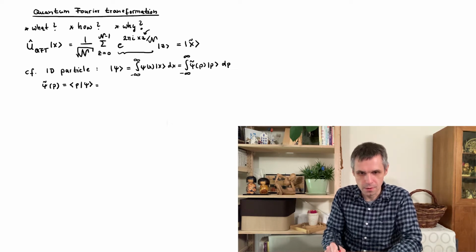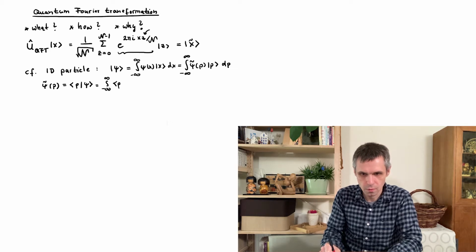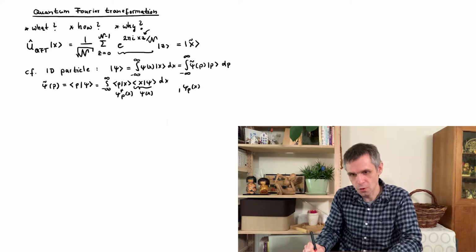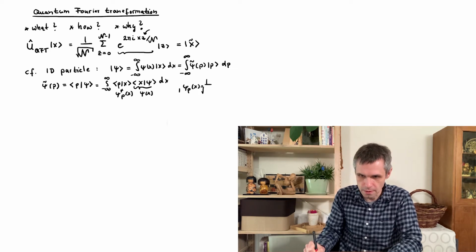And we can work this out, for instance, in position representation. Where this is just the definition of psi of x. And this is the complex conjugate of the momentum eigenstate in position representation, which itself, without this complex conjugation and in the suitably normalized form, is given by this.